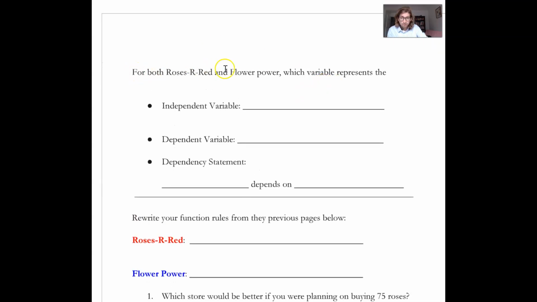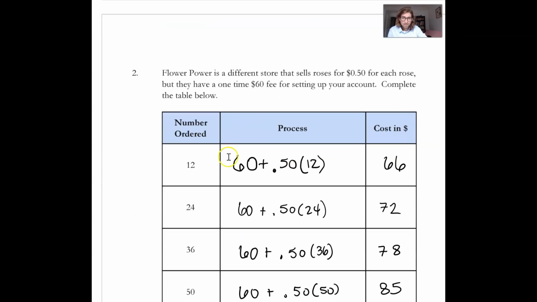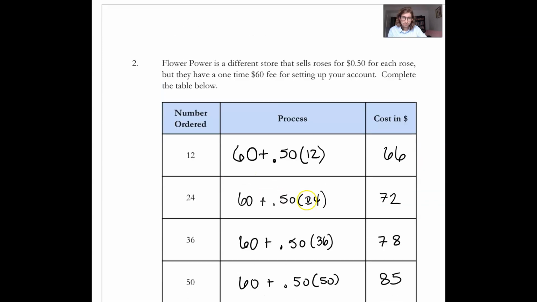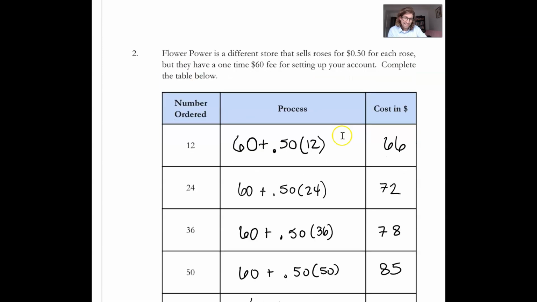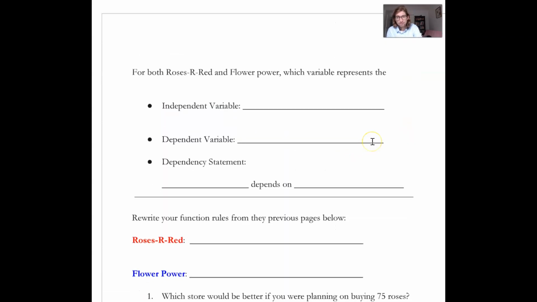So for both Roses Are Red and Flower Power, which variable represents the independent variable? What's the thing that we determine? When you go into the store, you're choosing how many roses to buy. So your independent variable is the number of roses. While your dependent variable, what depends on the number of roses that you buy?